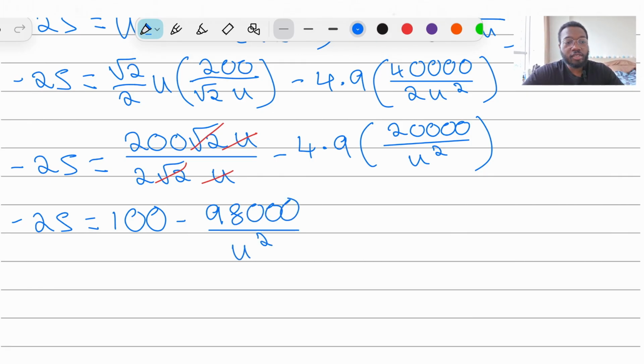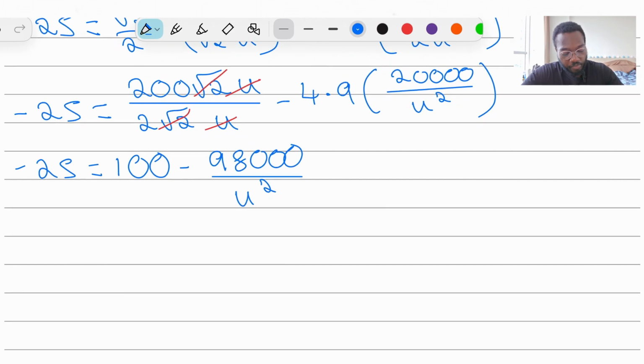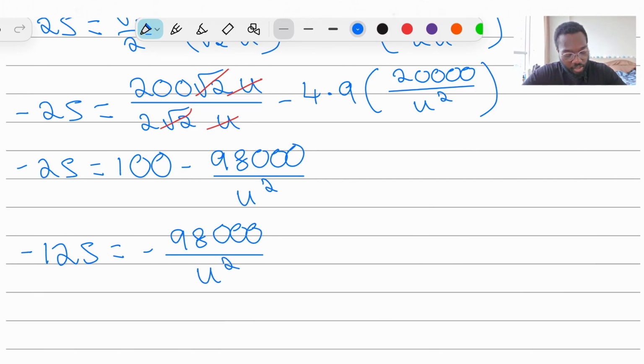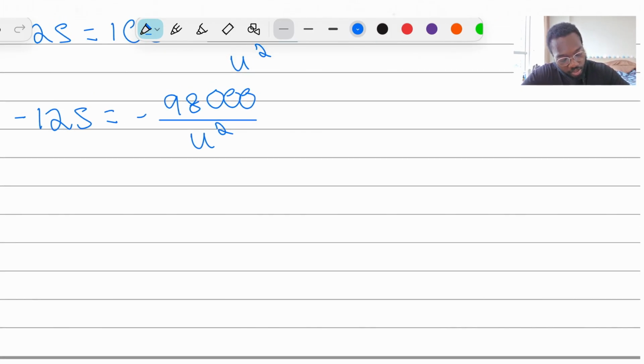Okay, so now it's starting to take a bit of shape. And now what we can do is bring that 100 to the side. So we get minus 125 is equal to minus 98,000 over u squared. And now, as you can see, u squared would just be minus 98,000 over minus 125.